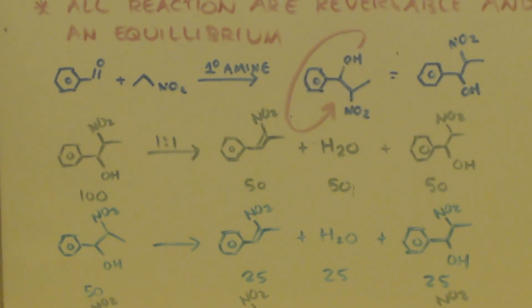One of the features of the Henry reaction that makes it synthetically attractive is that it utilizes only a catalytic amount of base to drive the reaction, so just a small amount. Additionally, a variety of bases can be used, including ionic bases such as alkaline metal hydroxides, meaning sodium hydroxide, potassium hydroxide, alkoxides, carbonates, and sources of fluoride anion.